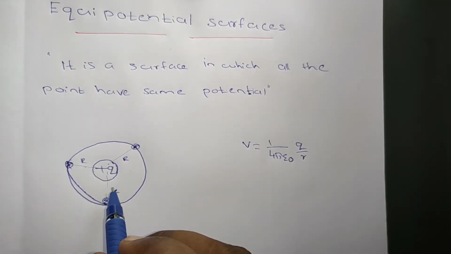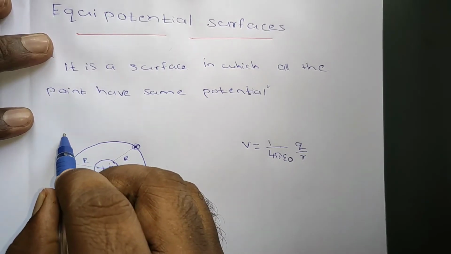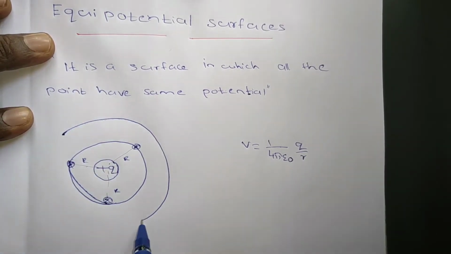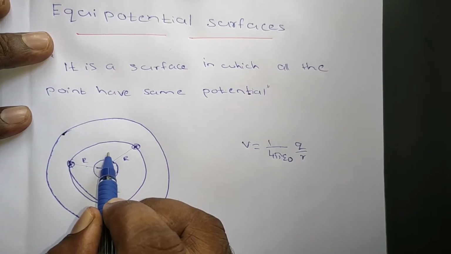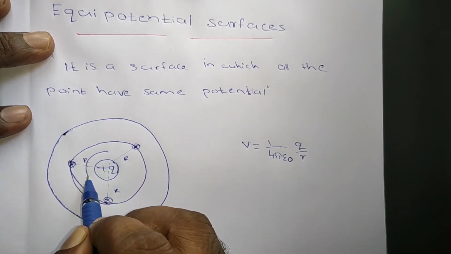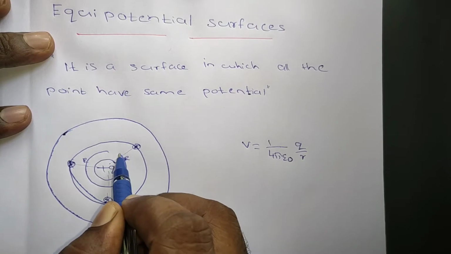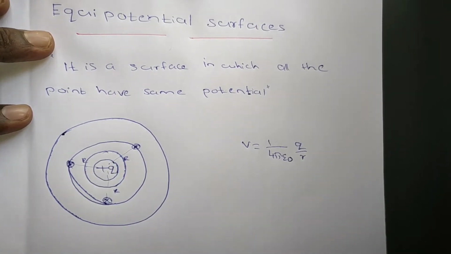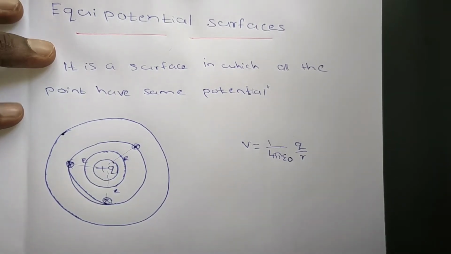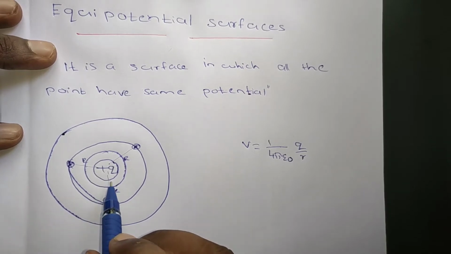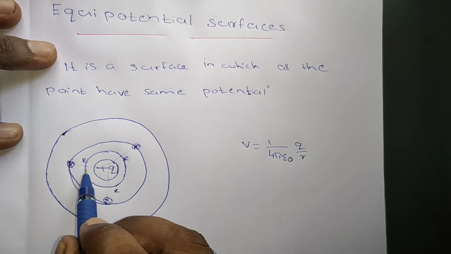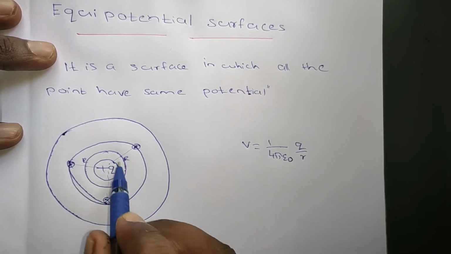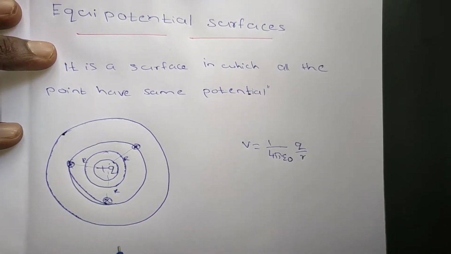If I draw it here also, I get this as an equipotential surface. Clear? All these points have the same potential because they are at the same distance from the point charge.